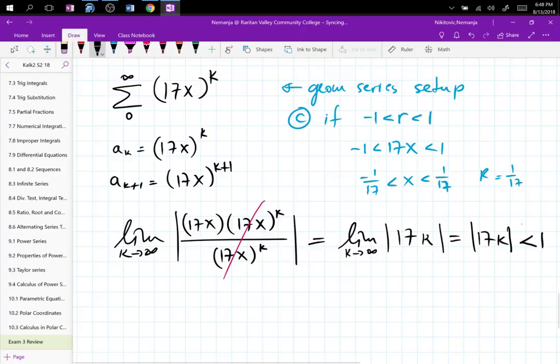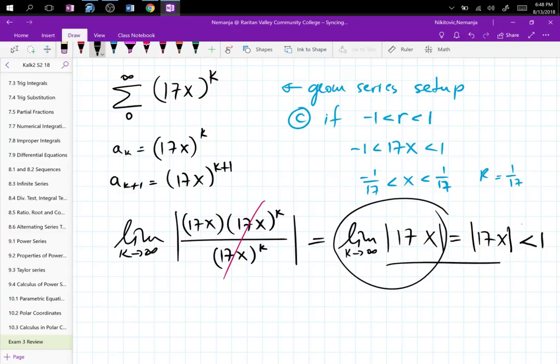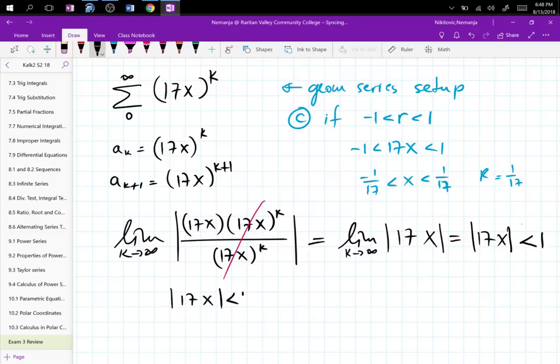So again, we didn't have to do the limit because, not k, x's. The variable on which the limit operates is k. There are no k's in this limit. Therefore, whatever the argument of the limit is, is the answer for the limit. So now we have to deal with absolute value of 17x less than 1.